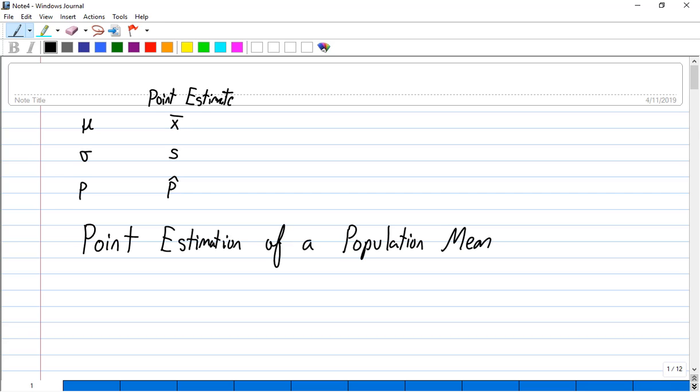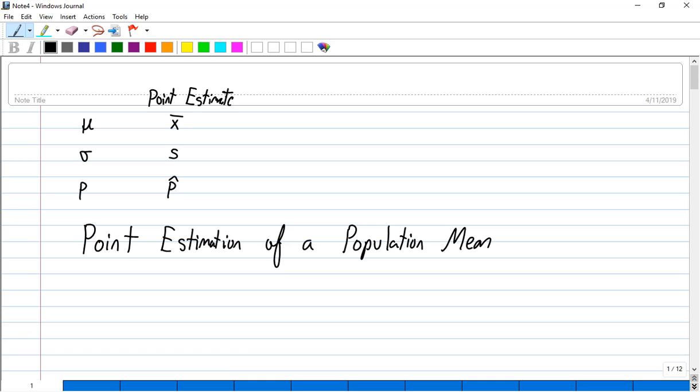All right? And that's basically, in layman's terms, what we're going to be doing. And we're going to do that for a mean. We're going to do that for a proportion. We're going to do that for a standard deviation. The concept is going to be the same for all three.